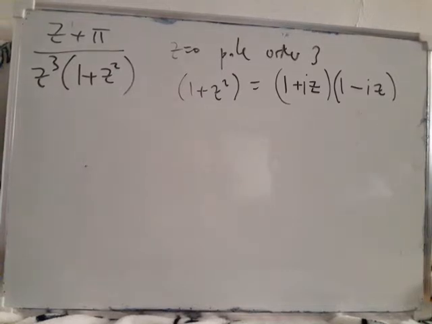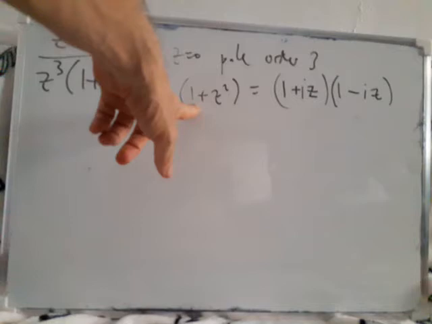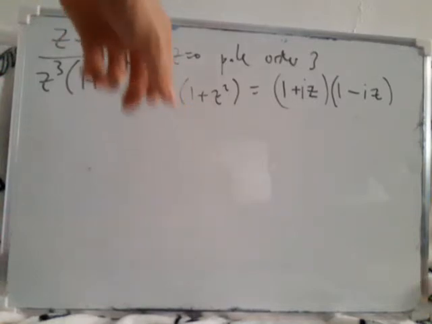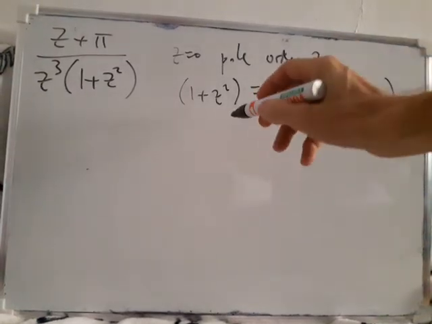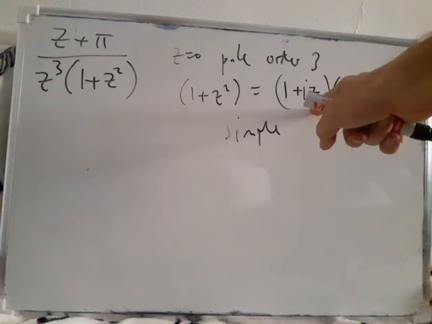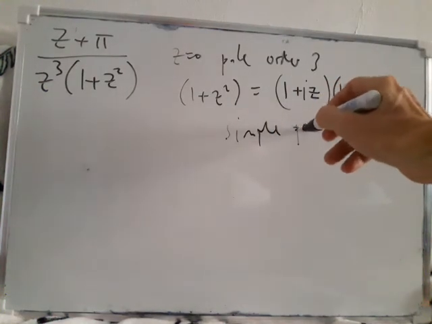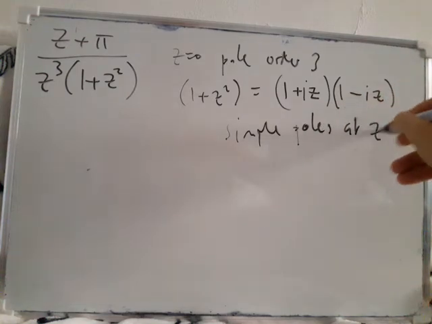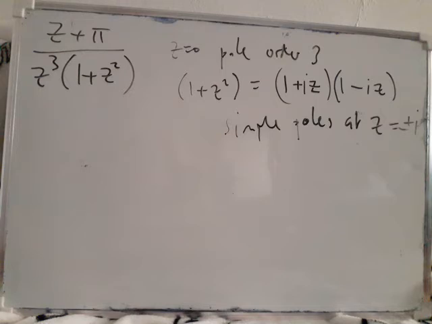But anyway, this has roots at z squared equals minus 1, so z equals plus or minus i. So this has simple zeros at z equals plus or minus i. Overall, this function is going to have simple poles at z equals plus or minus i.